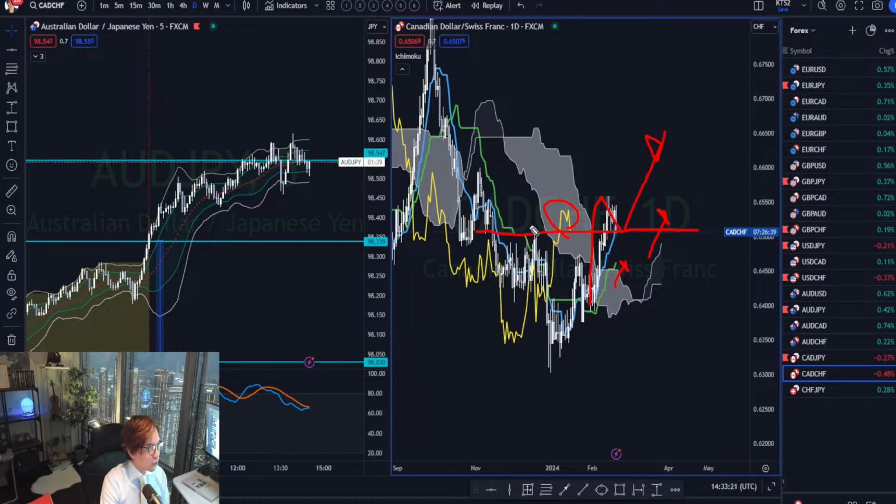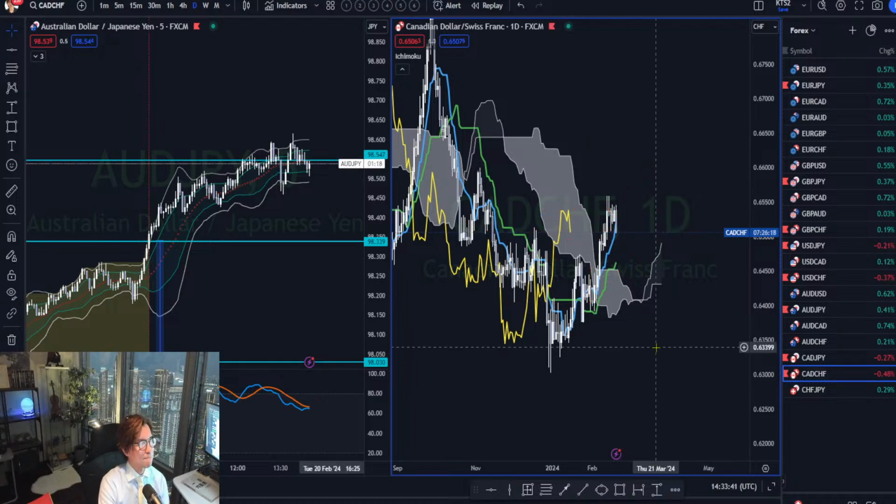Yeah, so there was a resistance and a support. So this time this level may be the support level and goes bullish together with Ichimoku direction. So see, this is franc, I mark red also like this.